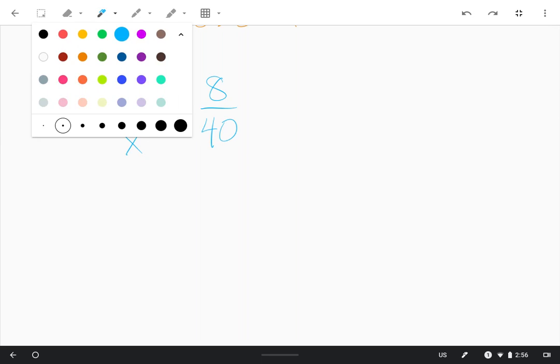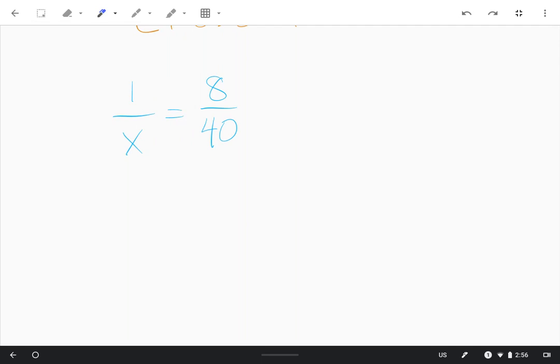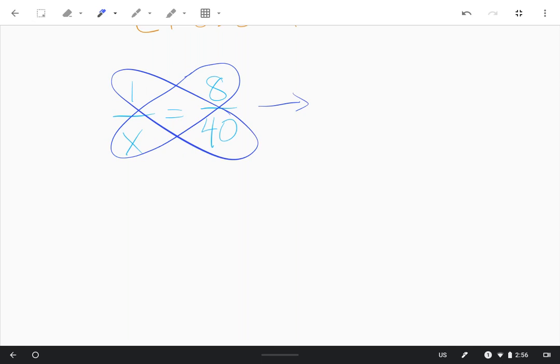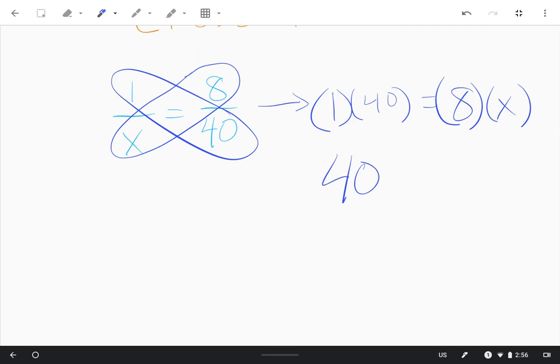But using the means extremes property, I multiply these two values, and I multiply these two values, and say they are equal to each other. So 1 times 40 equals 8 times x. So I get 40 equals 8x.